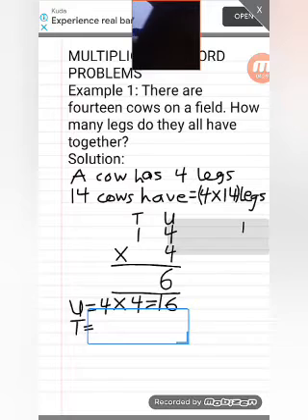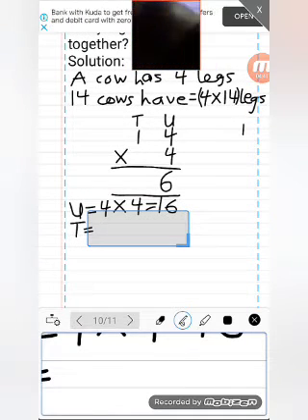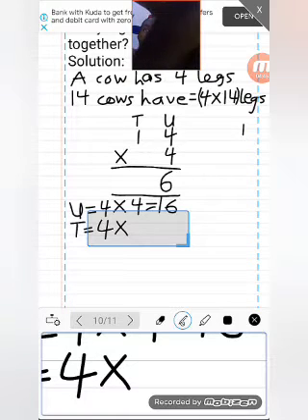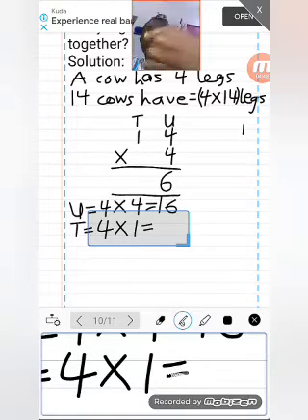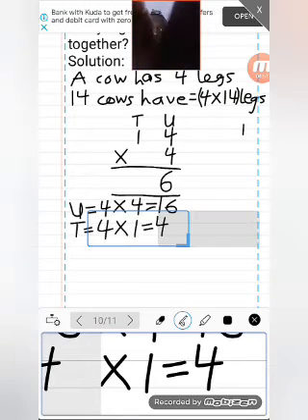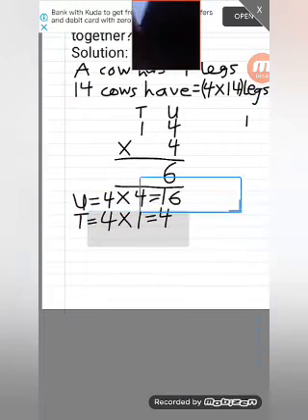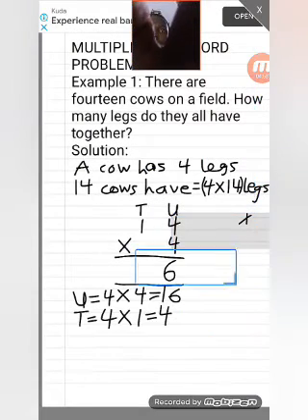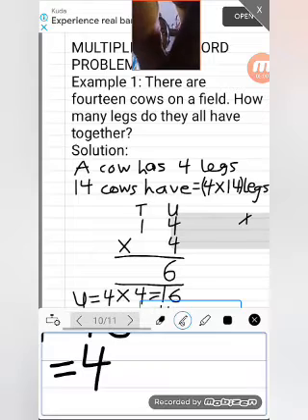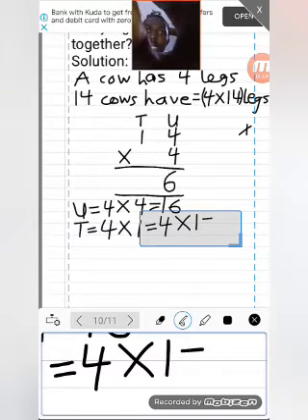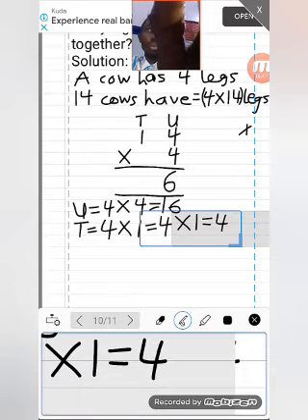Then the tens now, which is the 1, we multiply also by the multiplier, which is a 4. 4 times 1. That will be 4 times 1 is what? 4. Then that's not all. We have a number that we have kept here, which is the 1. So we add it, we remove it, and add it to the result of the multiplication under the tens here, which is 4.